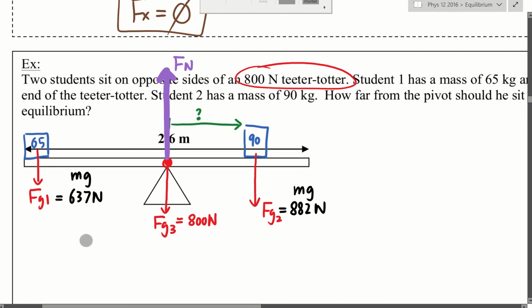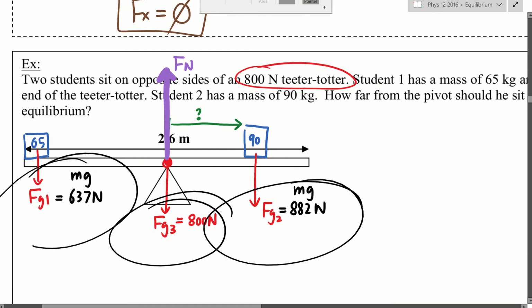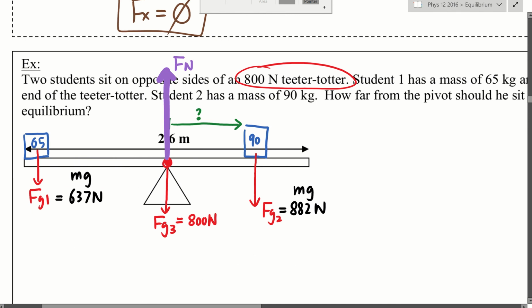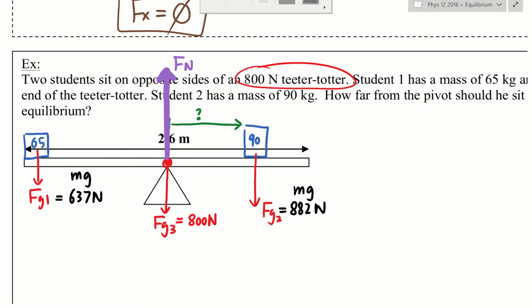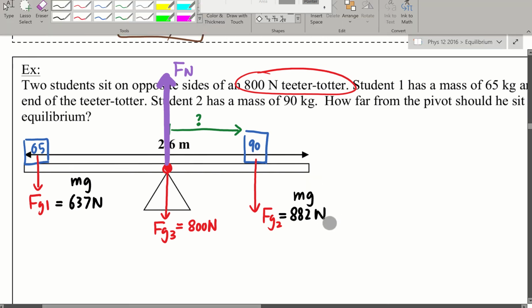Okay, so we have all the forces. Technically, we can have Fn if I add up all three of these. That's my normal force. But I don't really need it because now we have to decide which force to kill. We need to pick a pivot point. Remember, your pivot point has special power.